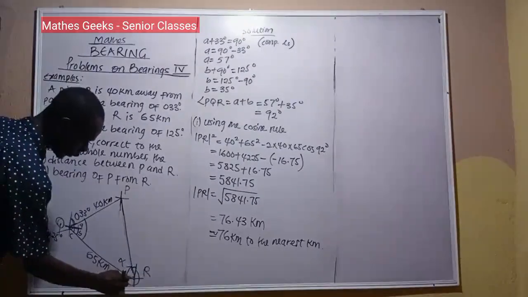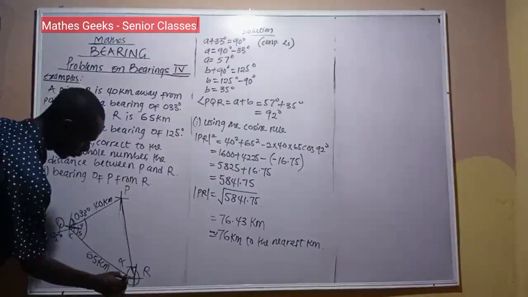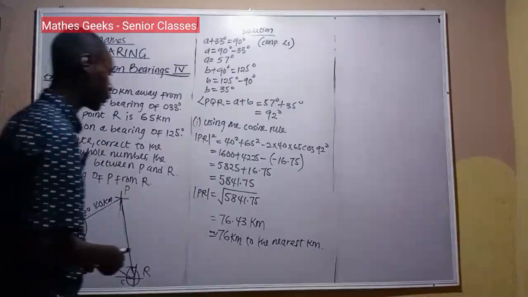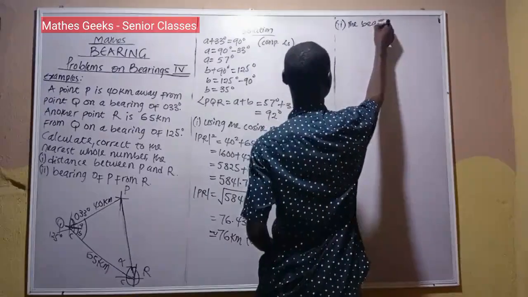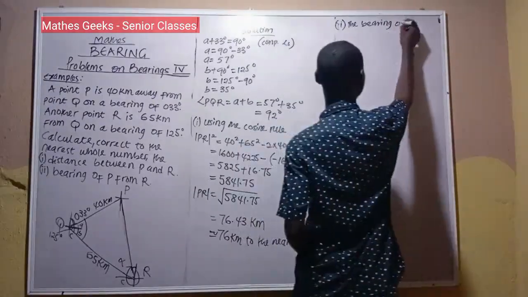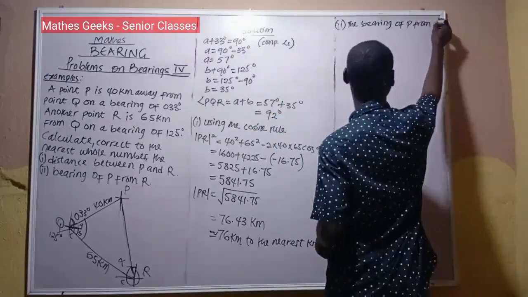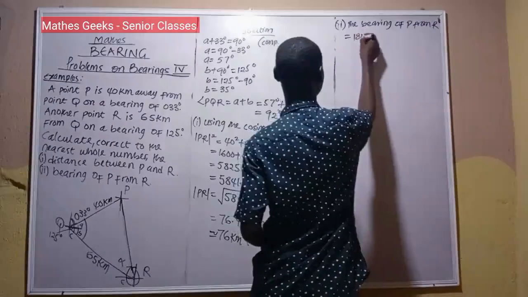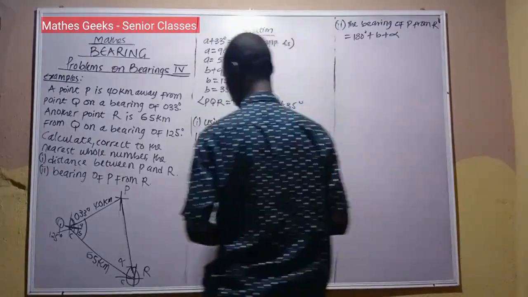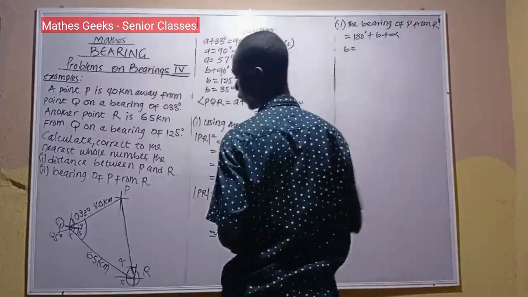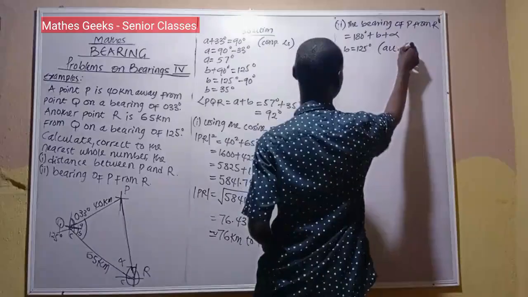So let's call here C. So in figure 2, the bearing of P from R is equal to 180 degrees plus C plus alpha. And C is equal to 125 degrees using alternate angles.